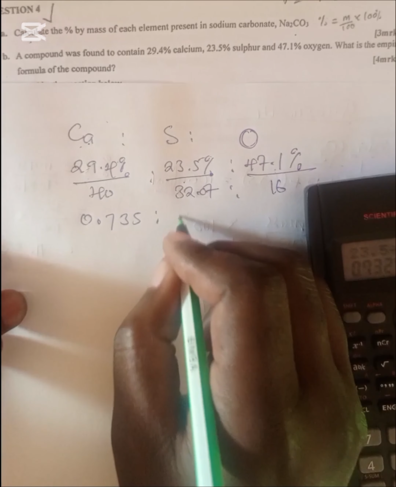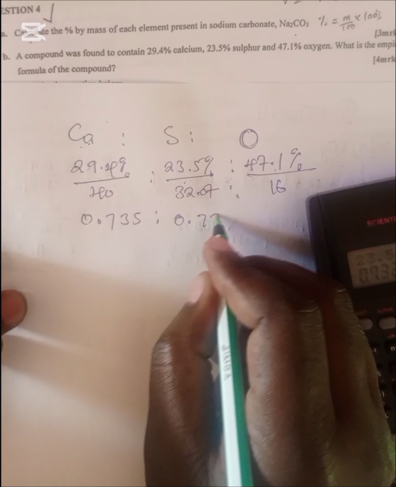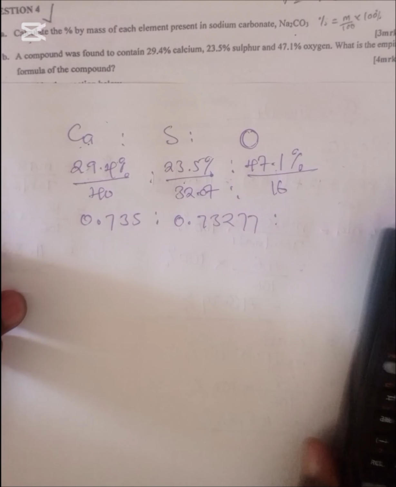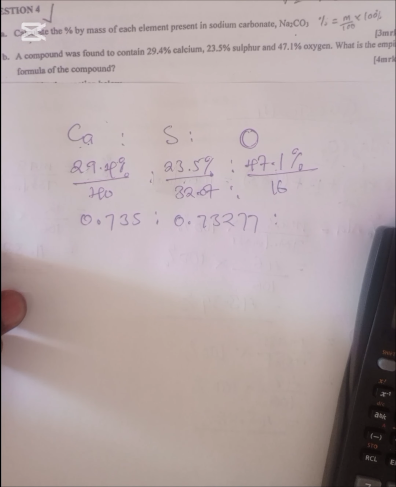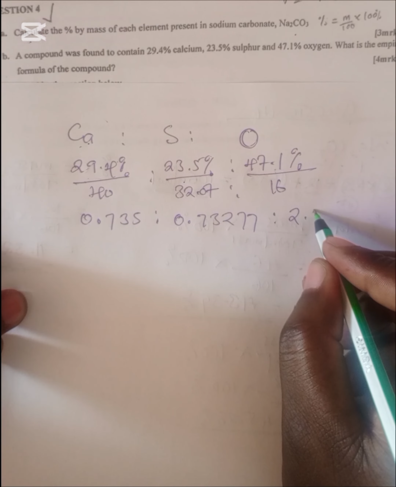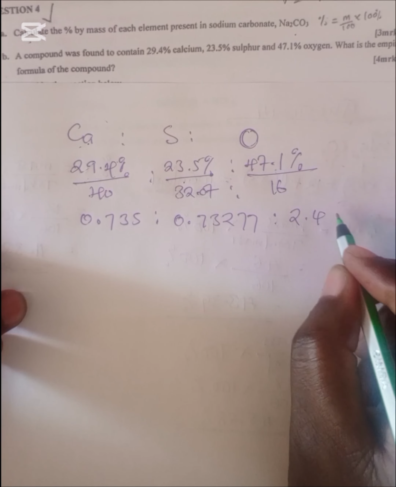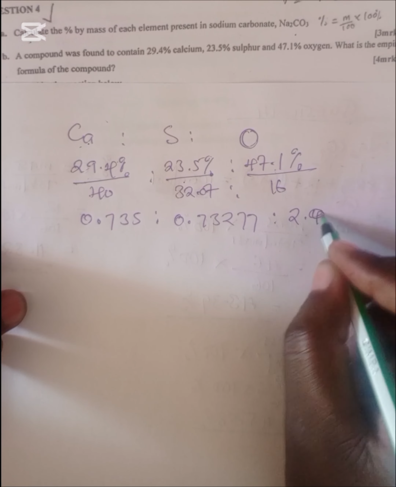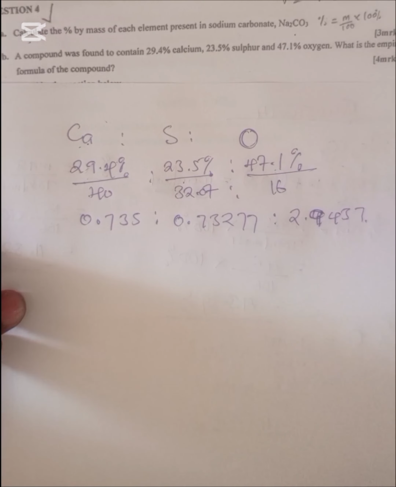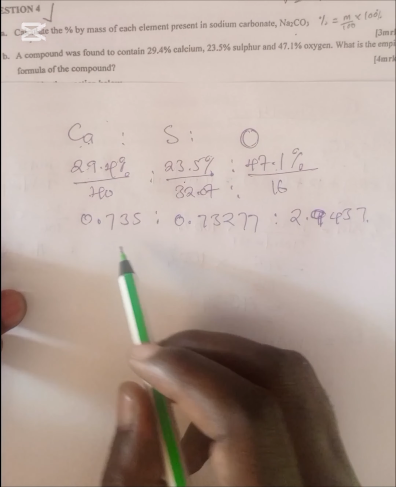This is giving us 0.73277. We also do the same on oxygen: 47.1 divided by 16. This is giving us 2.9437.